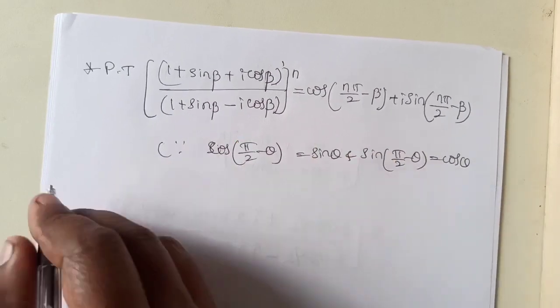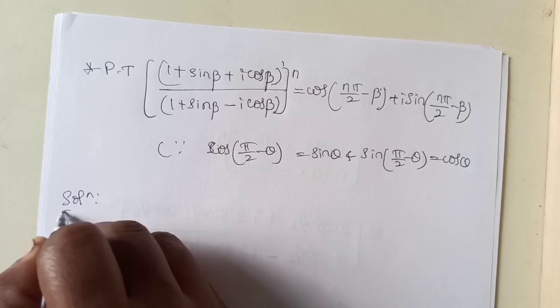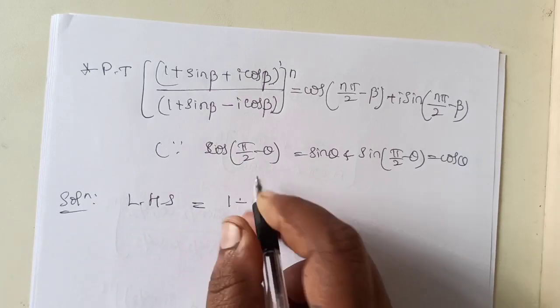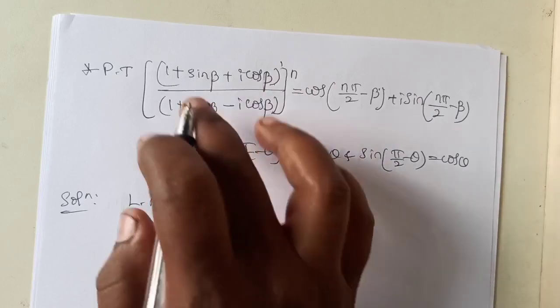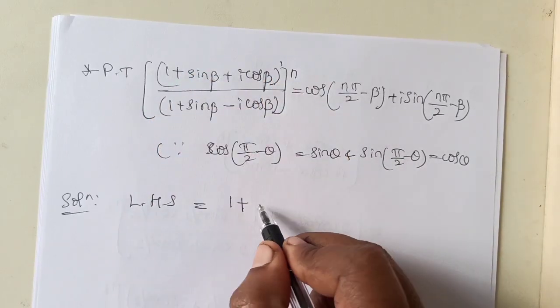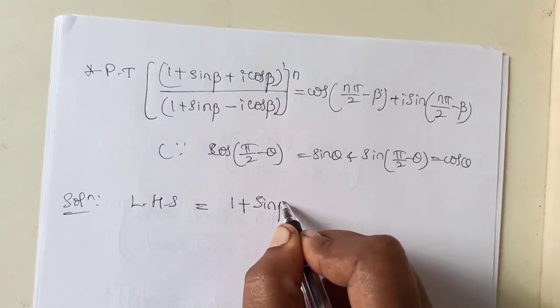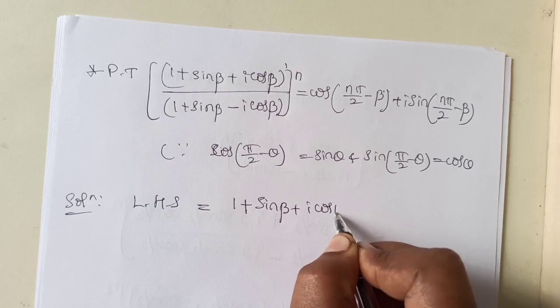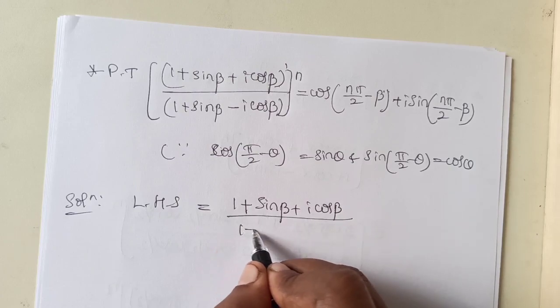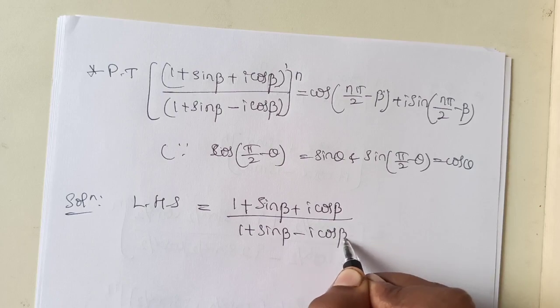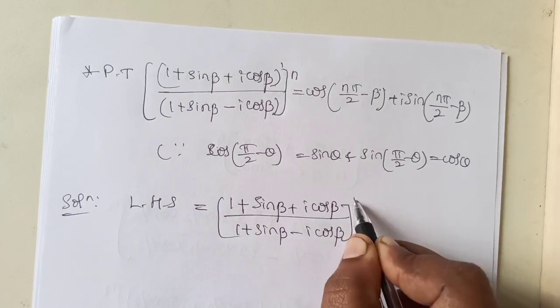Therefore the LHS can be written as, once again writing the given, 1 plus sin beta plus i cos beta divided by 1 plus sin beta minus i cos beta. So this is the given.